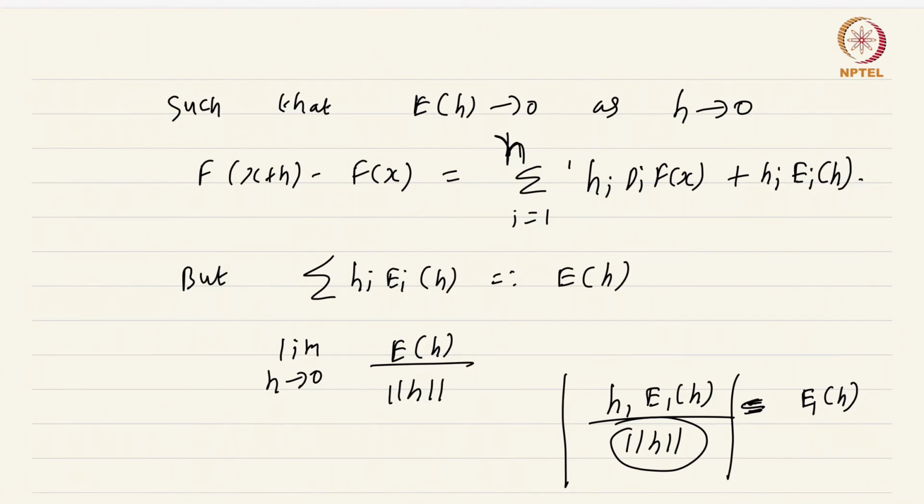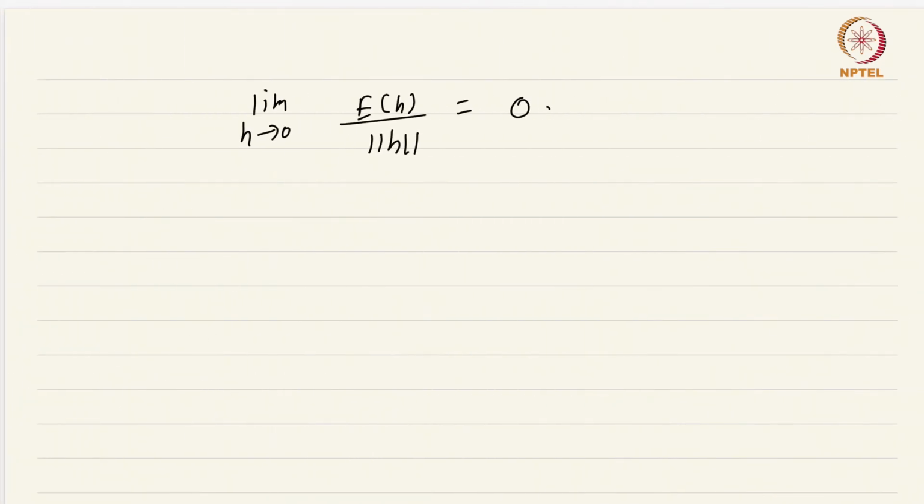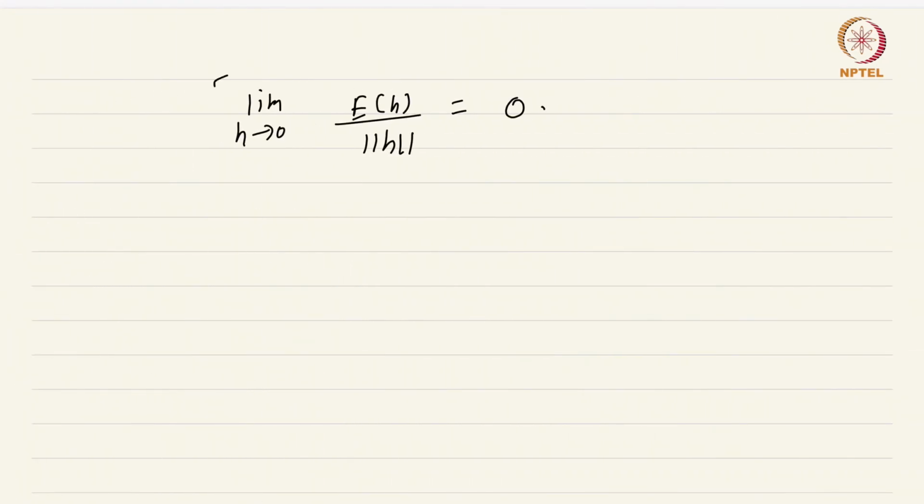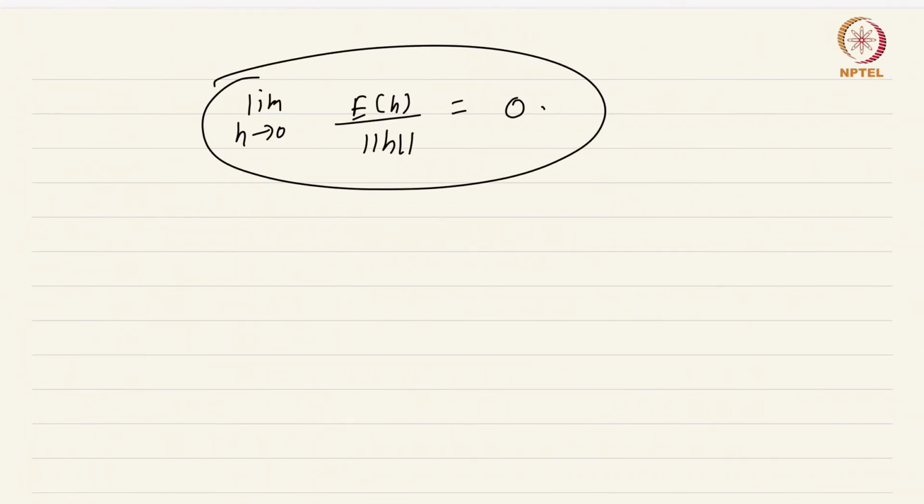Okay, so we conclude that the error term that we have defined, e of h, has the property that the limit as h goes to 0 of e of h by norm h is equal to 0. Okay, this shows f is differentiable at x in U.